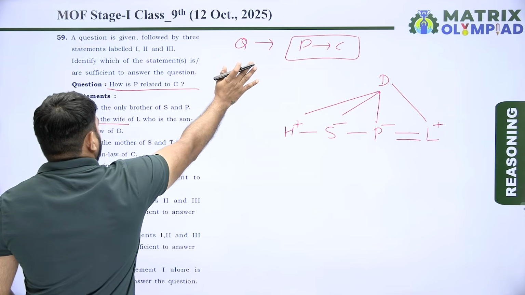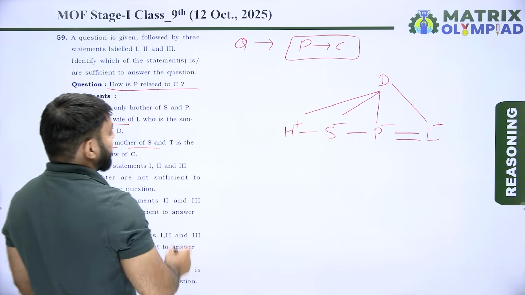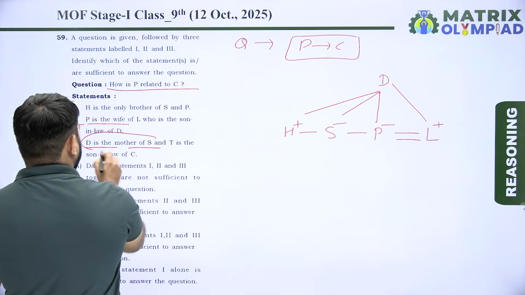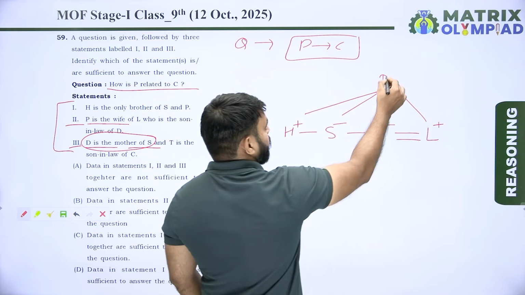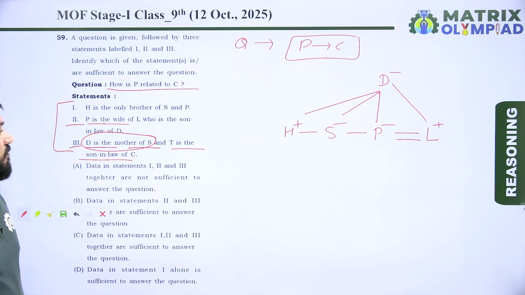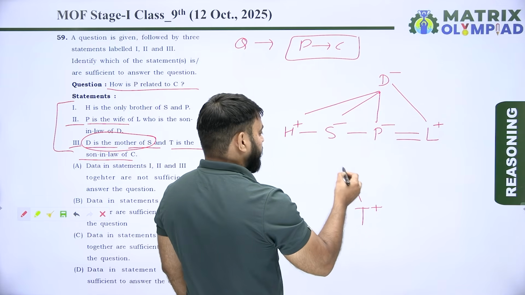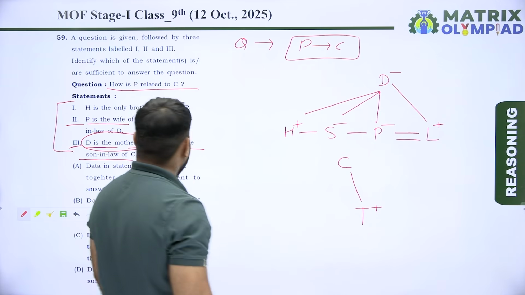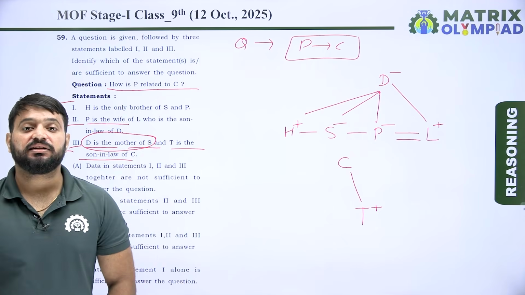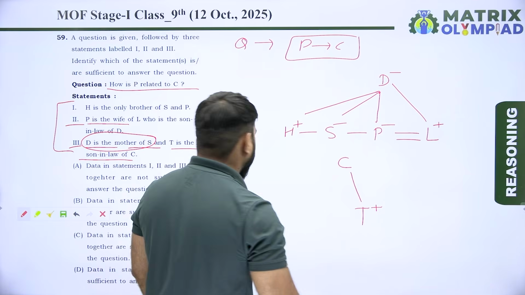Now taking statement third. According to statement third, D is the mother of S, and T is the son-in-law of C. In the given statements, it is not given whom T is related to among them.